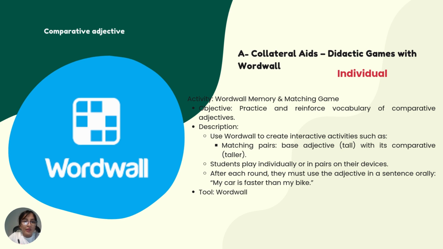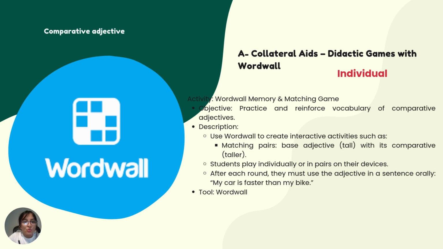For example, collateral aids, didactic games with Wordwall. This is individual. The activity, Wordwall memory and matching games. In this case, the students are going to play. The objective is to practice and reinforce vocabulary and comparative adjectives.